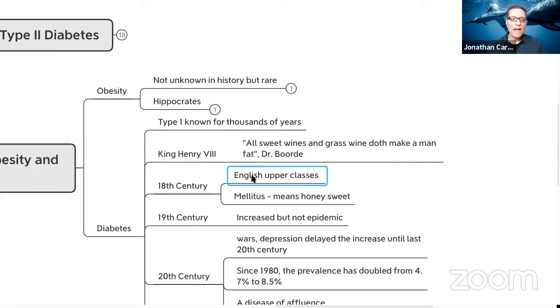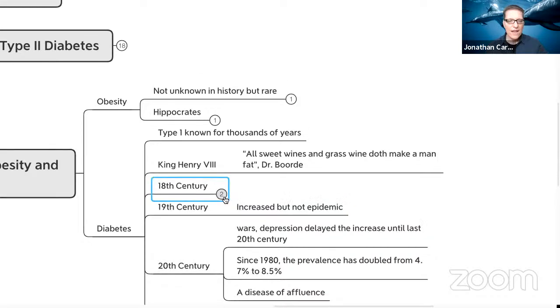Unfortunately now, as we'll see in just a moment, these diseases of affluence are basically throughout society. And so what I'm trying to impart here is just a general understanding of how this evolved. Moving on to the 19th century, diabetes and obesity both increased, but they weren't epidemic.